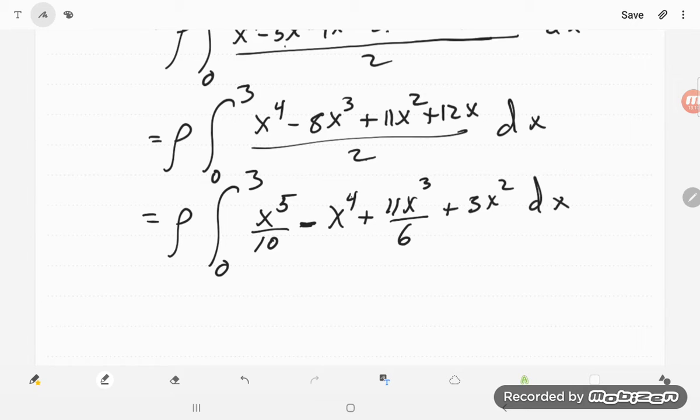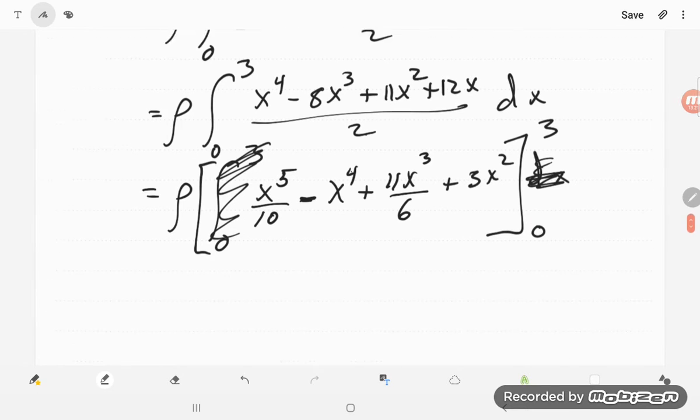Wait, what did I do? Sorry. I did the antiderivative, but left the integral sign. So this is from 0 to 3.